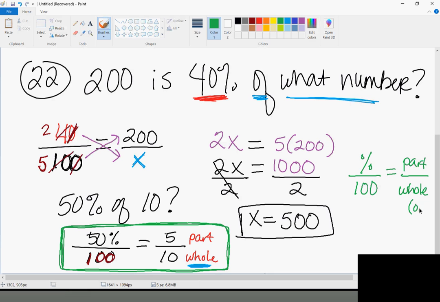And a hint, it's always the thing after the word "of." I personally think that's helpful because you do the same thing every time. It's just what you solve for that changes.